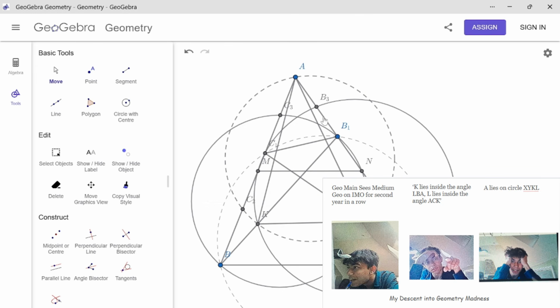Do we need B3 and C3? Yeah, we need B3 and C3 to show that BB1 is the radical axis. But that bit wasn't too hard.